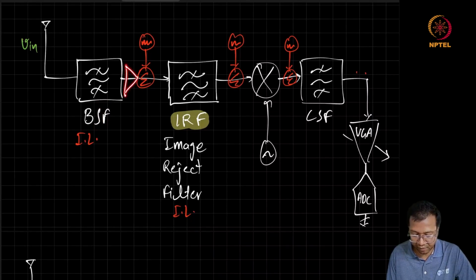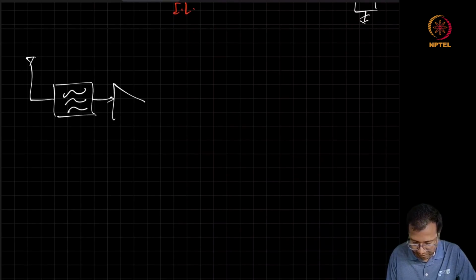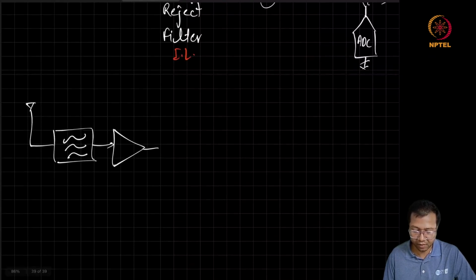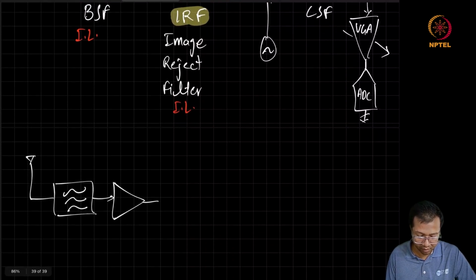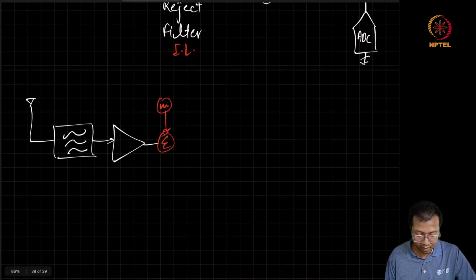So just after the band select filter, we can add a gain block, and now after this, if some unknown signal is being added, at least we know that we have amplified our desired signal to a higher value. So the corruption of the desired signal will be minimized.